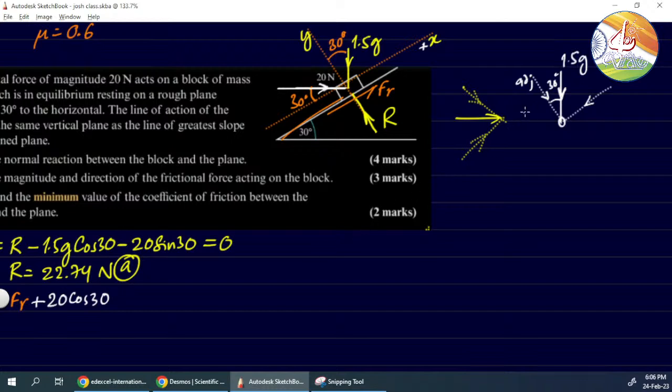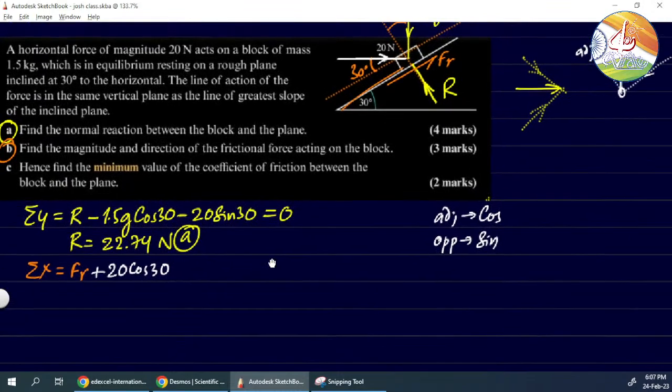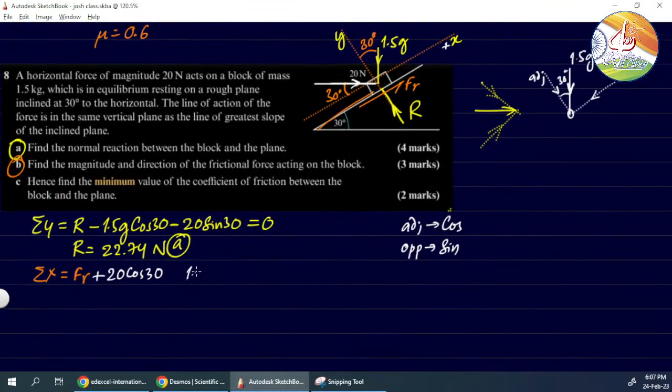Whenever we get adjacent, we should take cos, and whenever we get opposite, we should take sine. So this is adjacent, so 1.5g cos. But we want the x component, so we are coming in opposite. So 1.5g sine. So 1.5g into sine of 30.